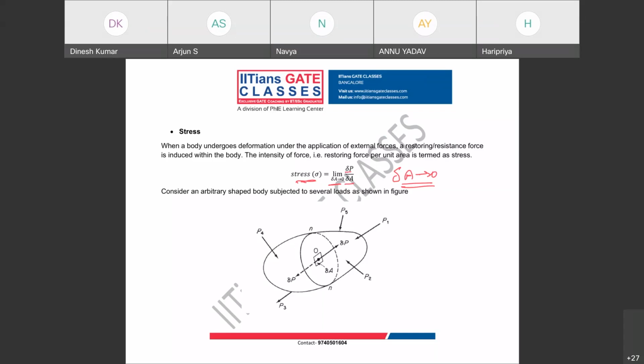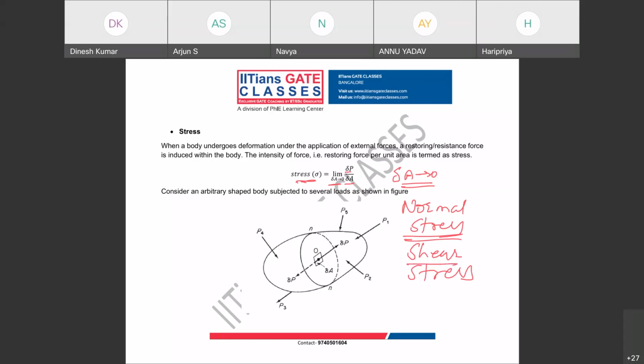Now usually there are two kinds of stresses. One is normal stress and the other is tangential stress, popularly known as shear stress. So what is normal stress?